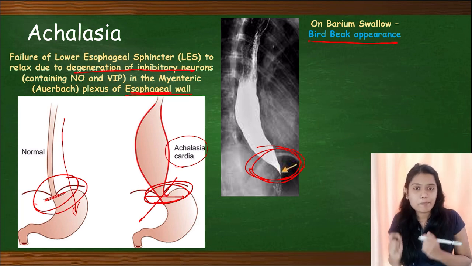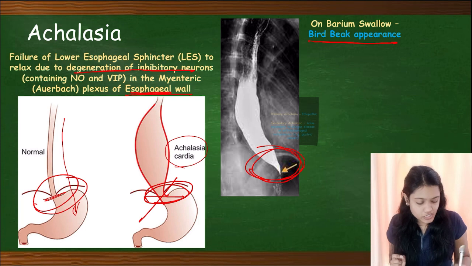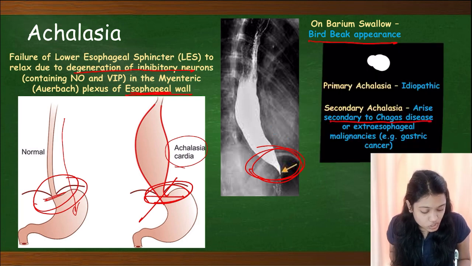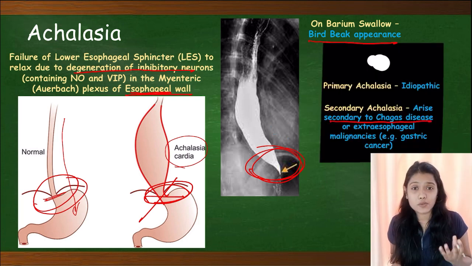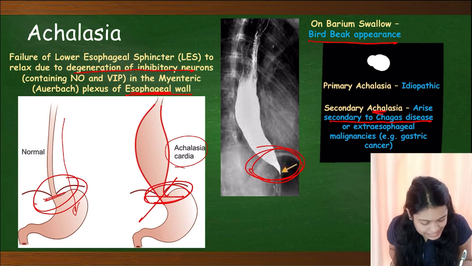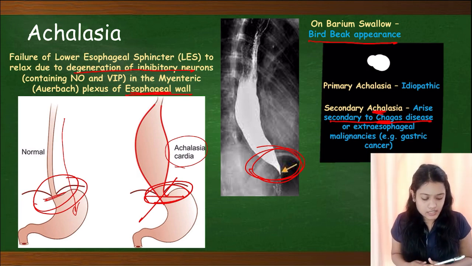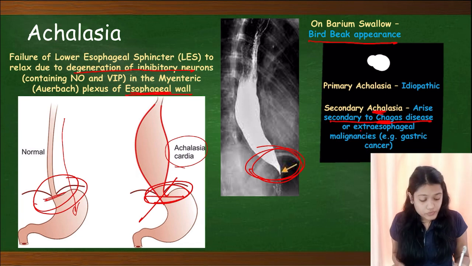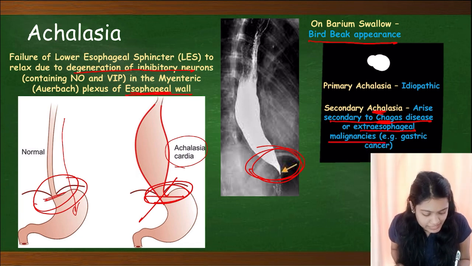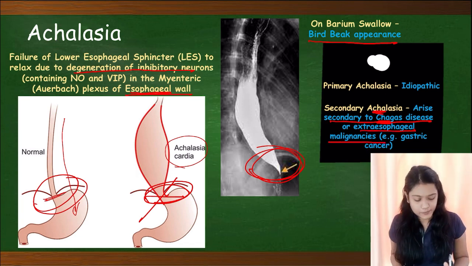The primary achalasia is idiopathic, but the secondary achalasia arises secondary to Chagas disease. Chagas disease you can remember easily as CHA in achalasia, and in Chagas again CHA. So it arises secondary to Chagas disease, or due to extraesophageal malignancies like gastric cancer.